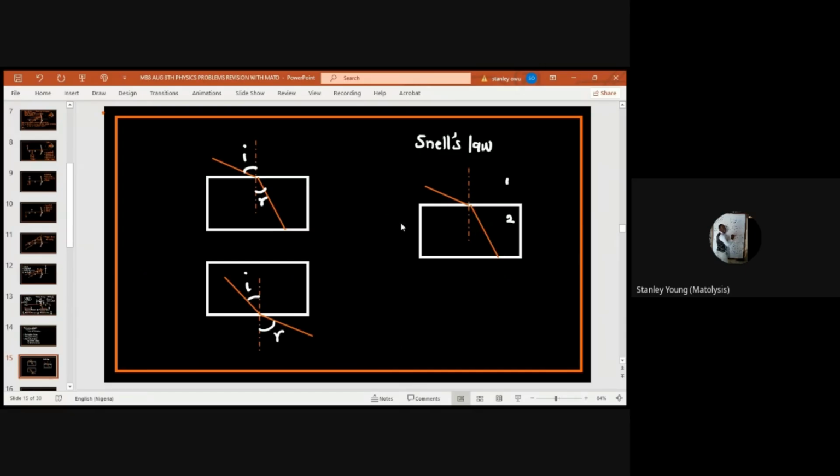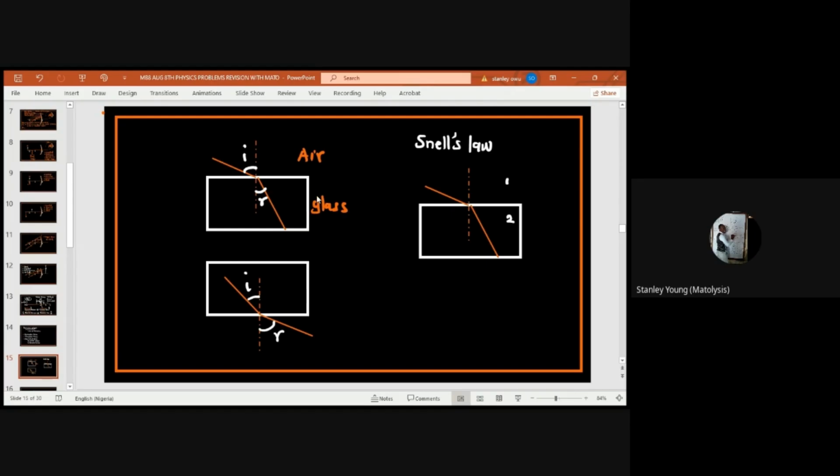Okay. So let this be a rectangular prism. Let's call this medium air, and let's call the other medium here glass.